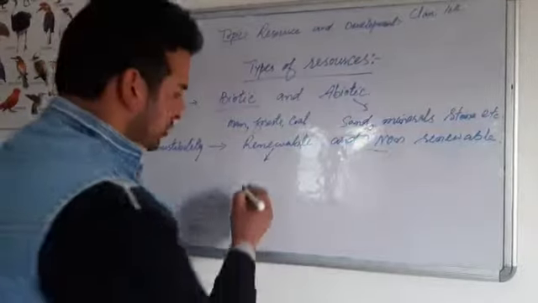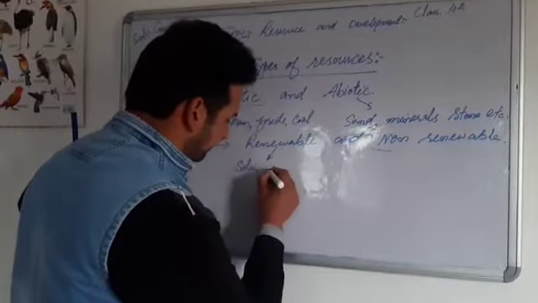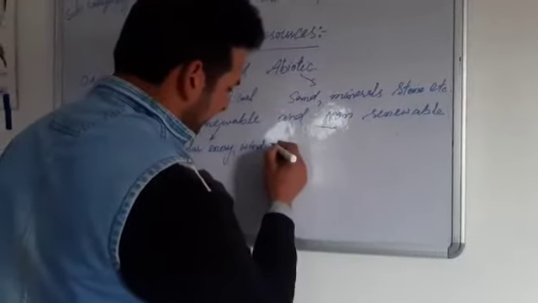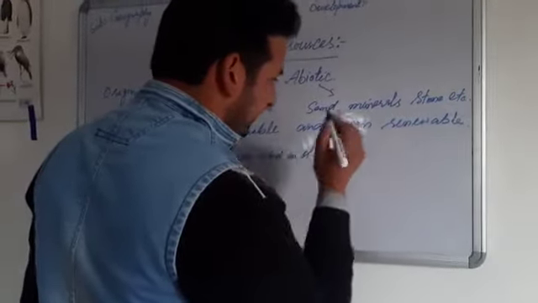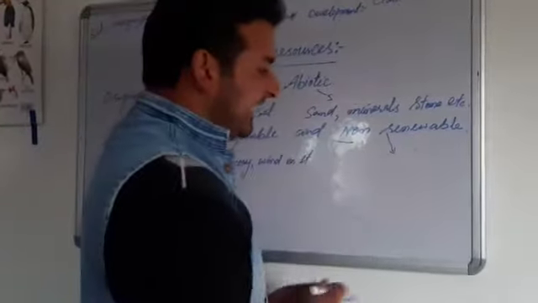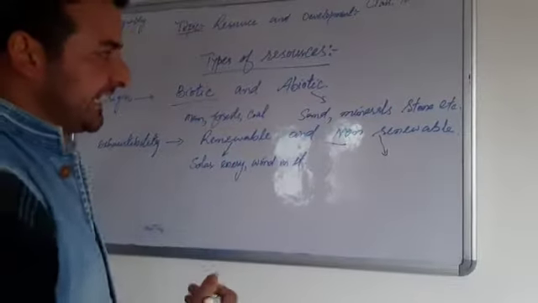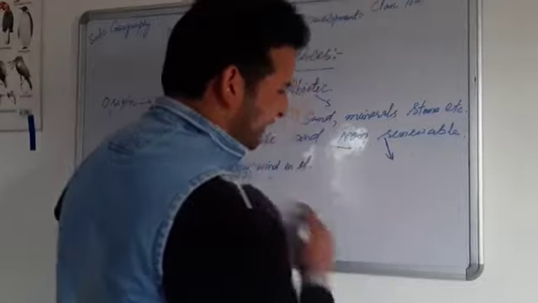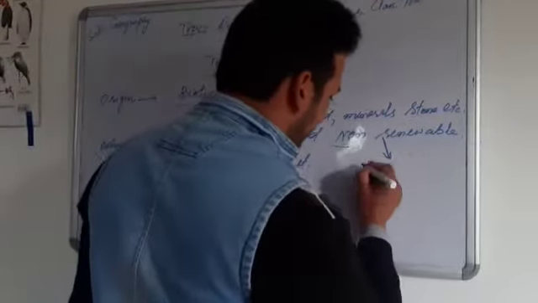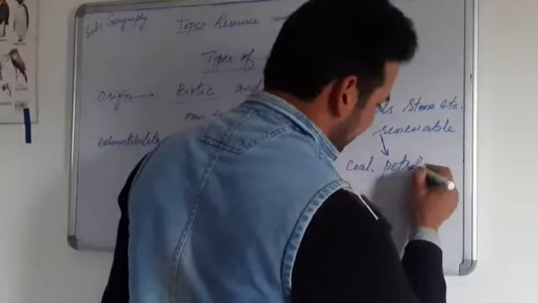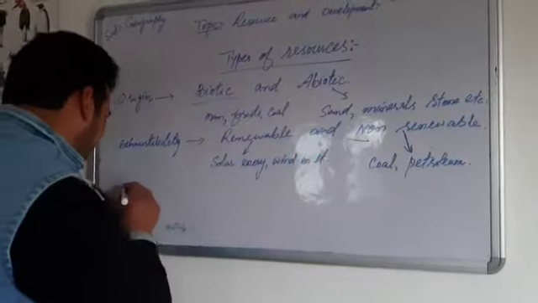For example, solar energy, wind energy, etc. And non-renewable resources are those resources which take millions of years to get renewed after getting exhausted. Examples are coal and petroleum products. Next category is on the basis of ownership.